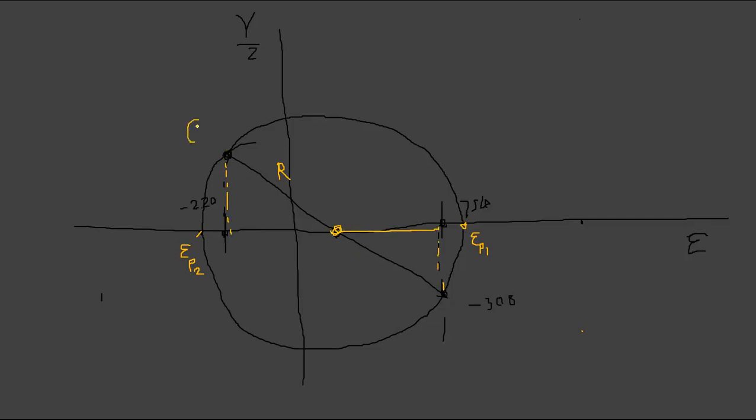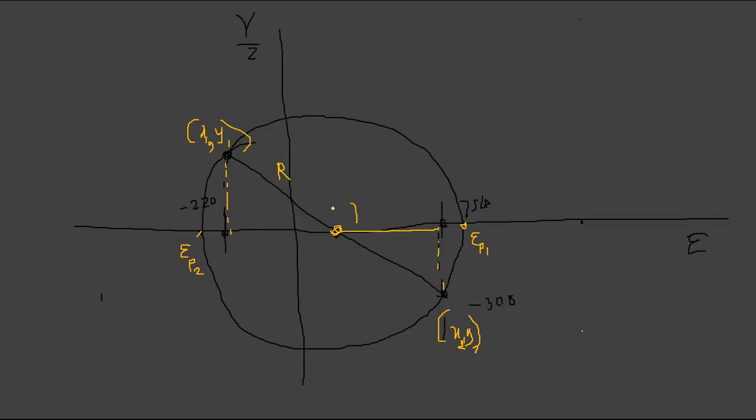You need the coordinates of xy. This is going to be x1, y1 and x2, y2. So the center is x1 plus x2 over 2 and y1 plus y2 over 2.